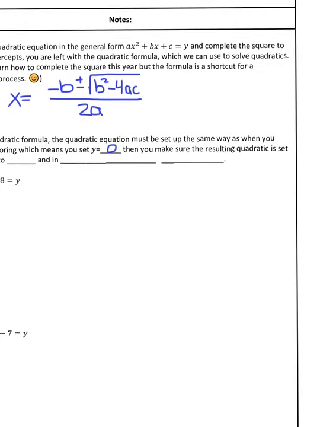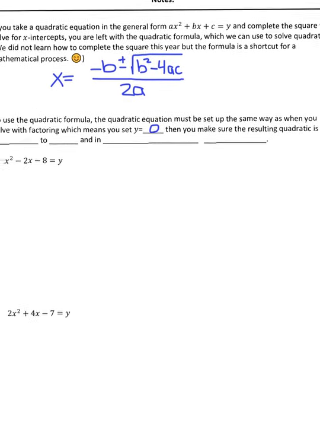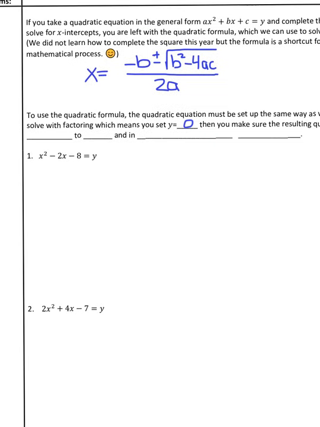Then you make sure the resulting quadratic is set equal to 0 and in standard form. So it needs to be set equal to 0 and in standard form before you can start identifying the A's, B's, and C's.